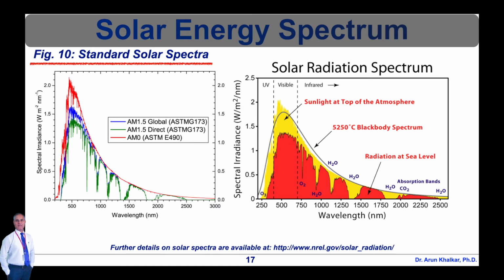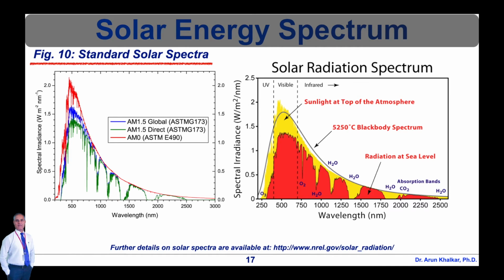The air mass 1.5 direct spectrum is defined for solar concentrator work. It includes the direct beam from the sun plus the circumsolar component in a disk 2.5 degrees around the sun. The direct plus circumsolar spectrum has an integrated power density of 900 watt per meter square.